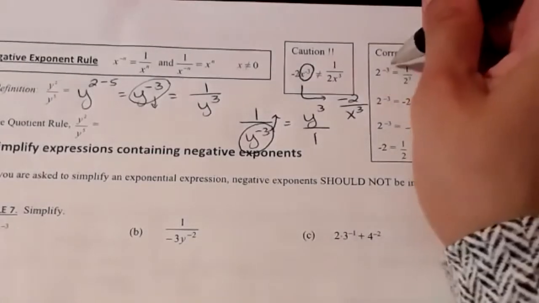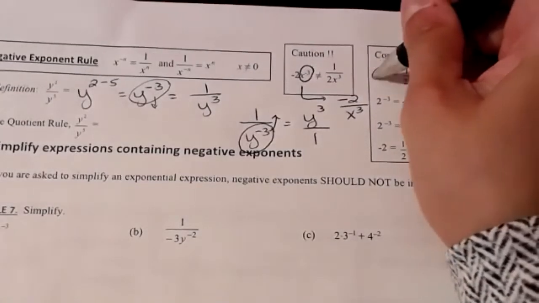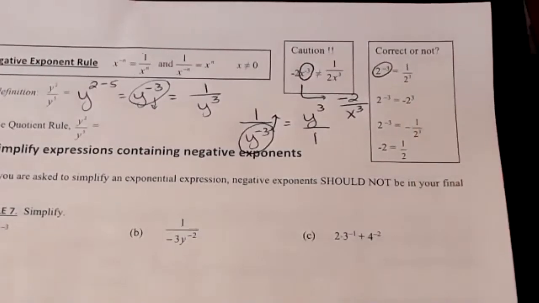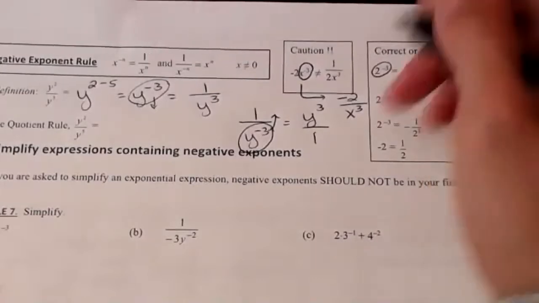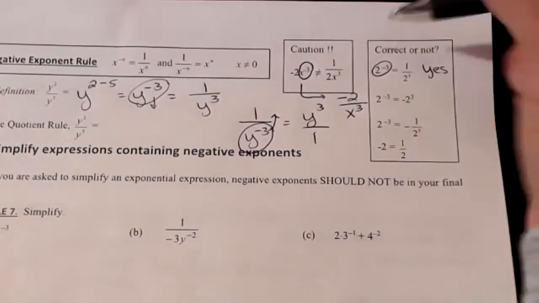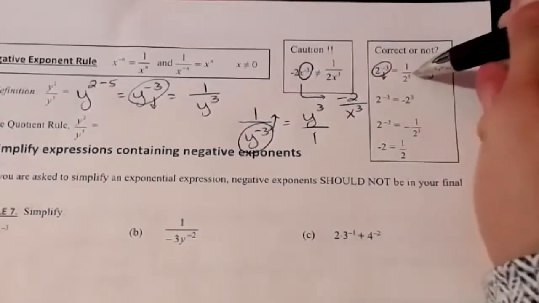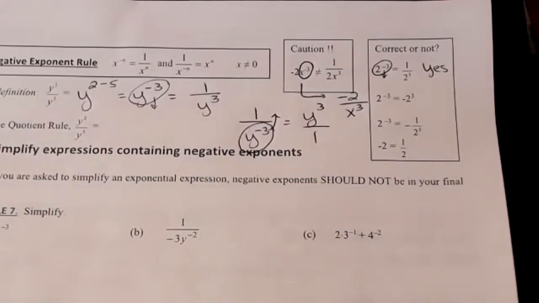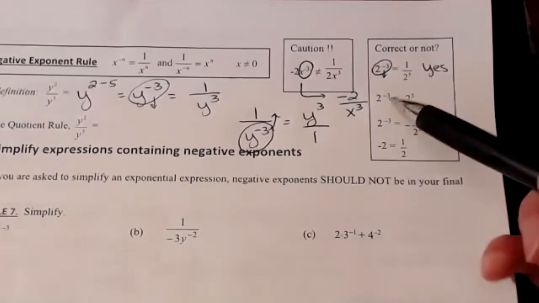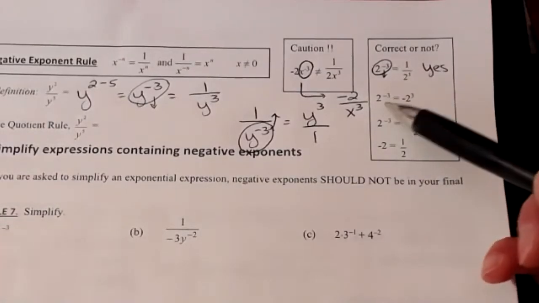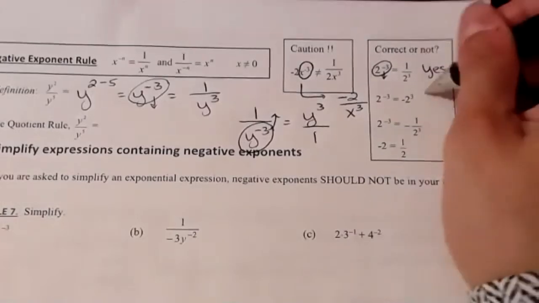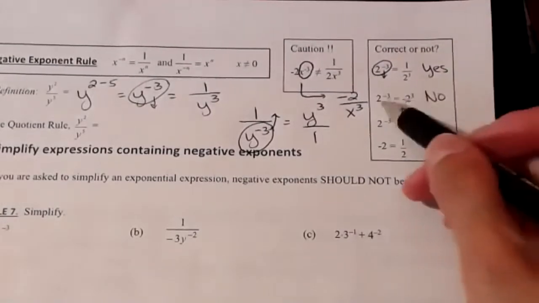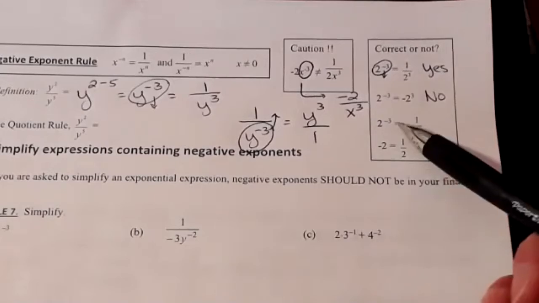Yes or no? Is this first expression correct? Yes. We took that 2 raised to the negative 3, moved it to the denominator, and then that power becomes positive. Perfect. Yes or no on my second expression? No, absolutely not. I don't even know where this comes from.